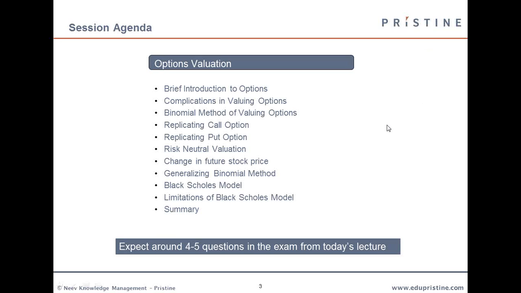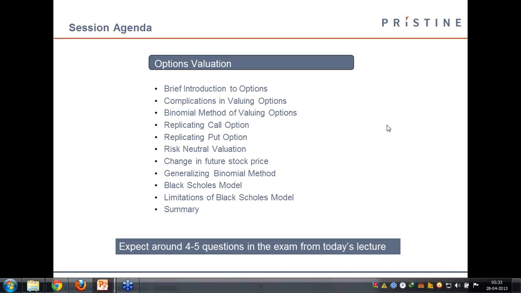So the topic here is options valuation. For people who missed my last webinar, I'm going to give a brief introduction to options once again to have the basics clear, and then we'll move on to the complications in valuing options. Then we'll move to the first method, which is the binomial method of valuing options, wherein we have two ways of doing it.